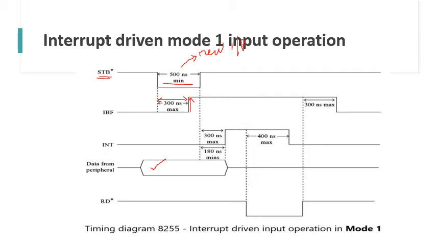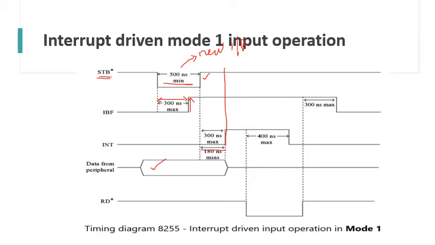That is, after 180 nanoseconds of the end of the strobe, the data is available.